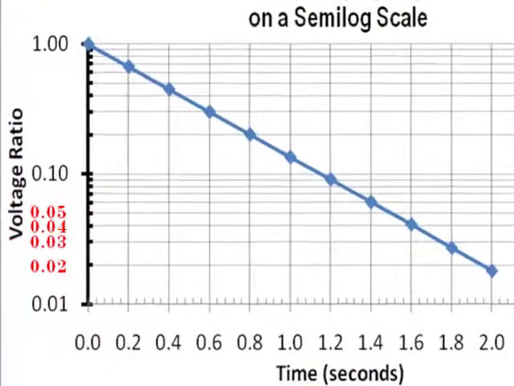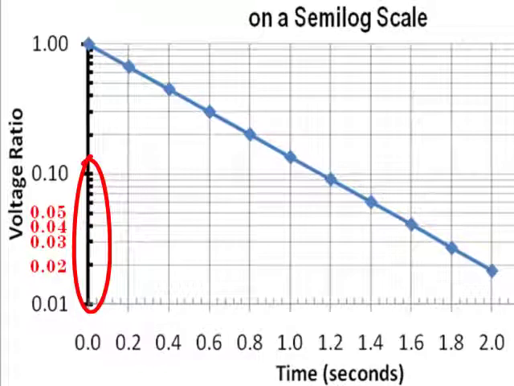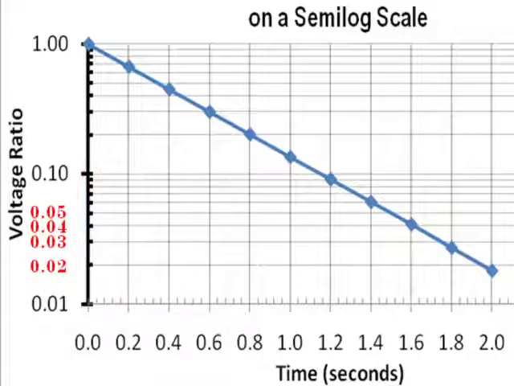And there's the tick marks, if you'll notice, that they are 0.01, 0.02, 0.03, 0.04, 0.05, and so on. Notice how they get closer and closer together as we get closer to the next decade, and then they spread out again.